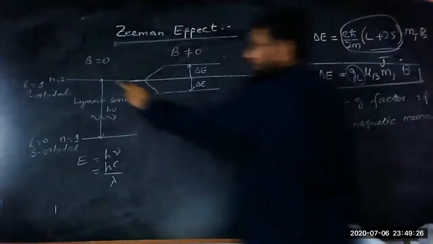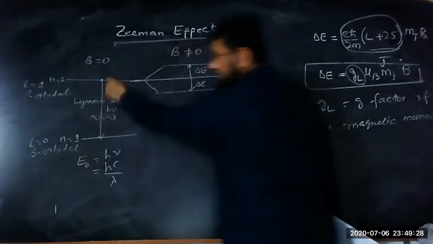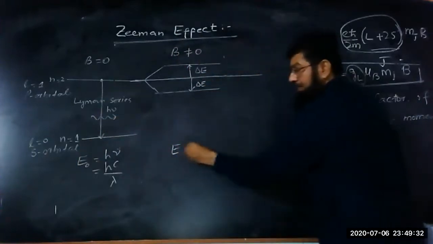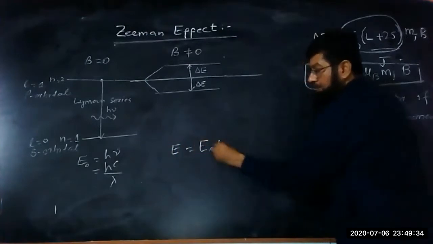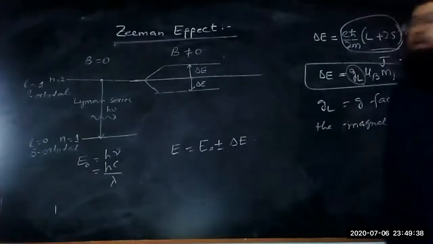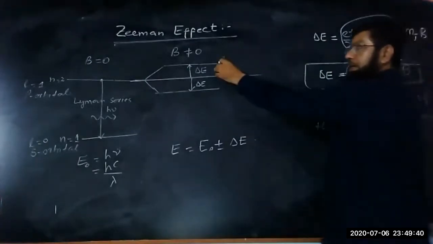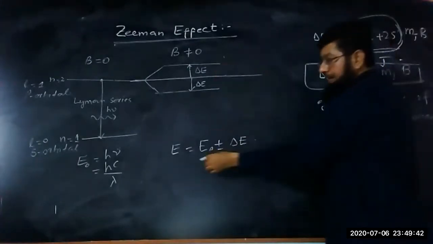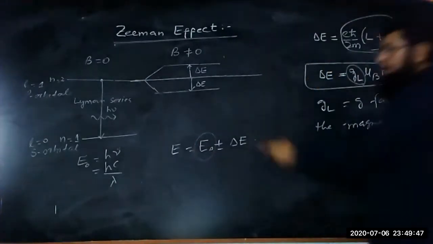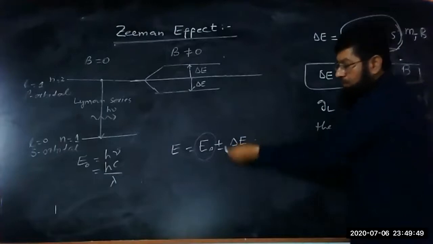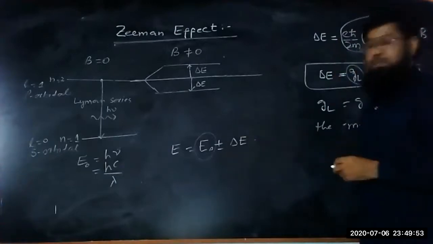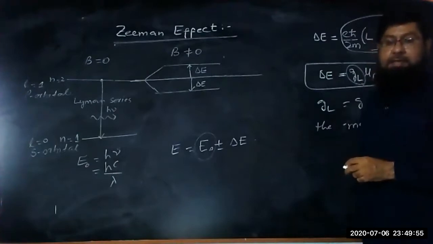This is E naught, the original energy. So here E is equal to the original energy plus or minus delta E. It means in the presence of the magnetic field, the original energy is changed by the amount delta E, which is plus or minus delta E.